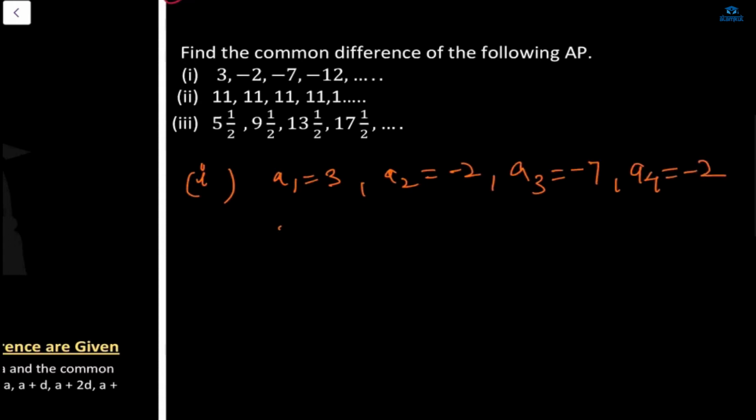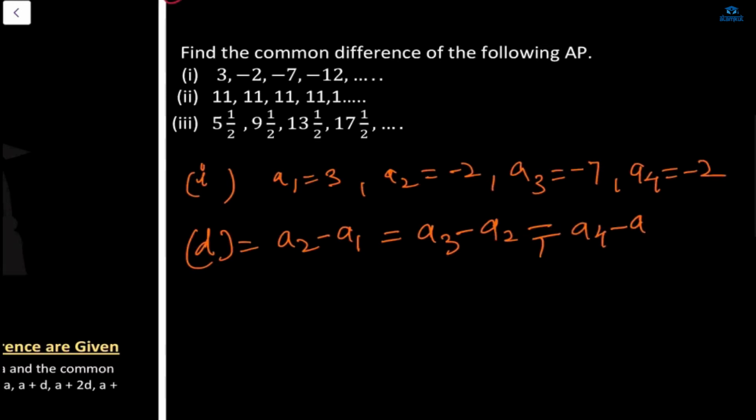So D will be equal to A2 minus A1, equal to A3 minus A2, and so on. If you subtract 3 from minus 2, you get minus 5. If you subtract minus 2 from minus 7, you'll get again minus 5.